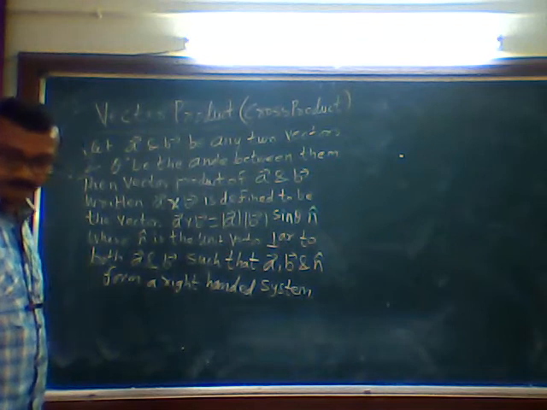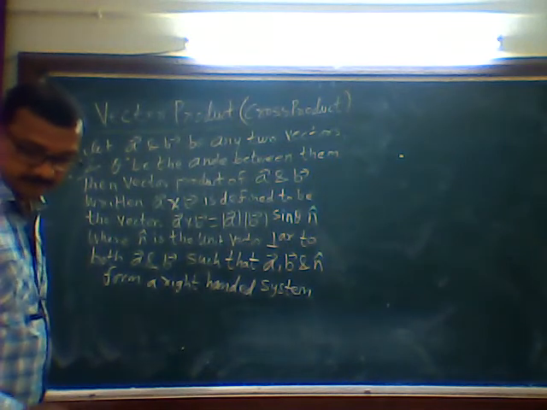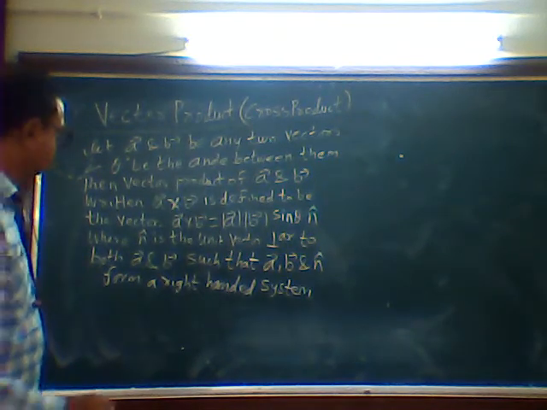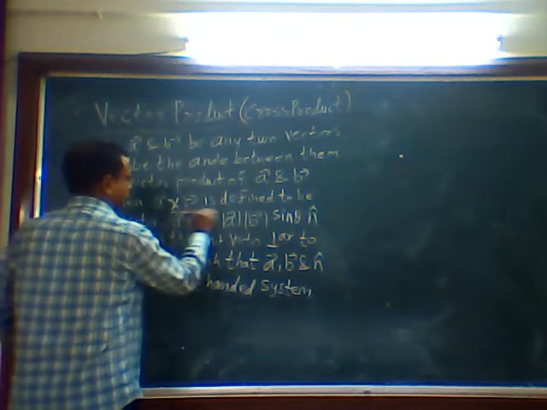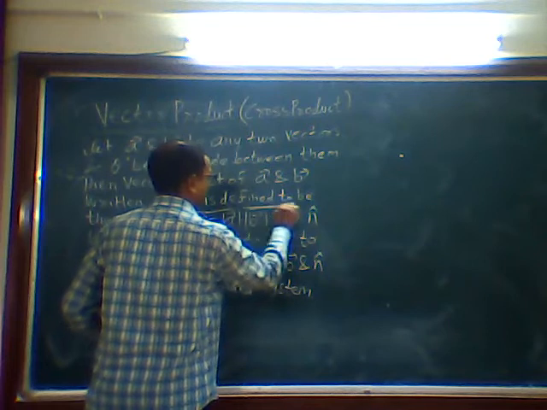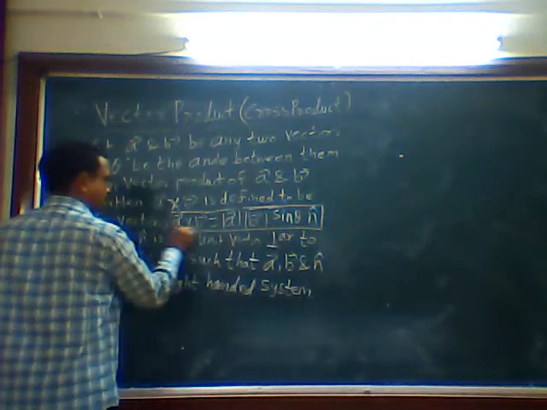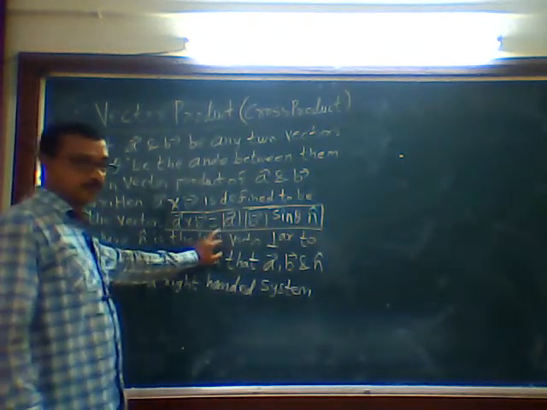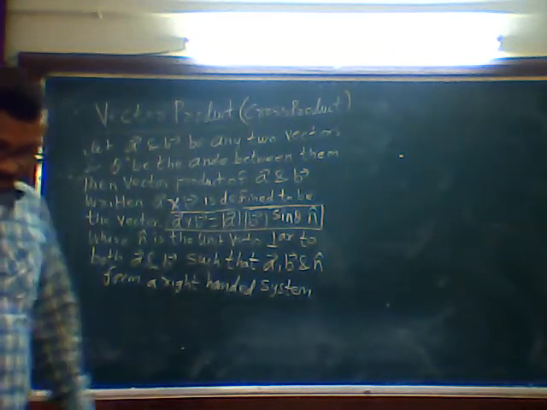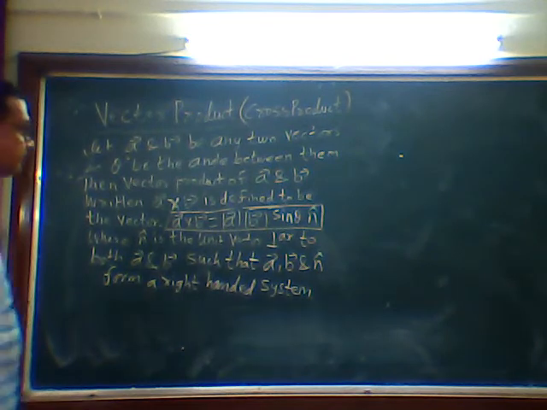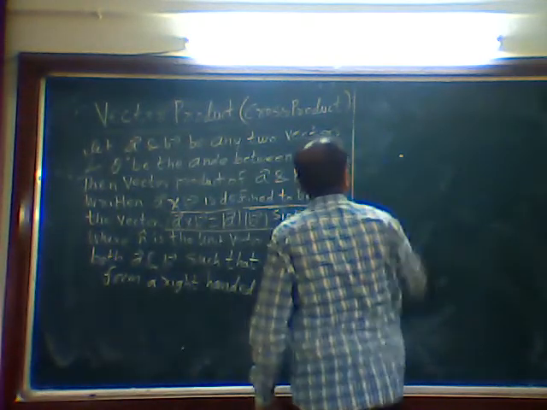Okay. So now again we will write properties. So this is the formula: A bar cross B bar is equal to mod A bar mod B bar sin theta into n cap. Okay. Now properties will write one by one.